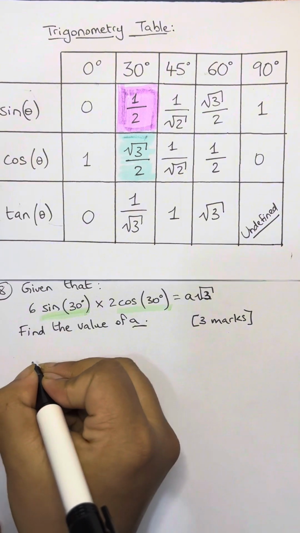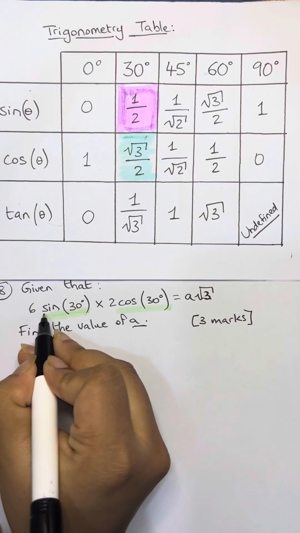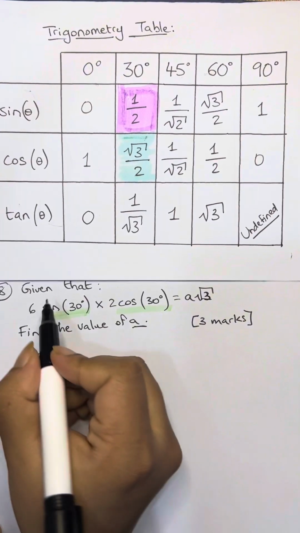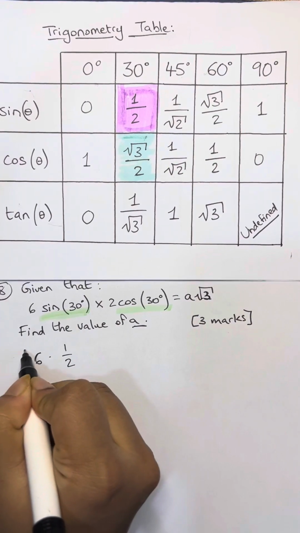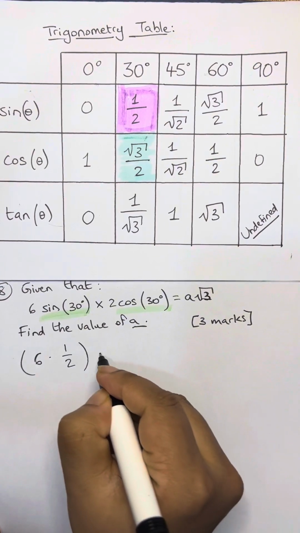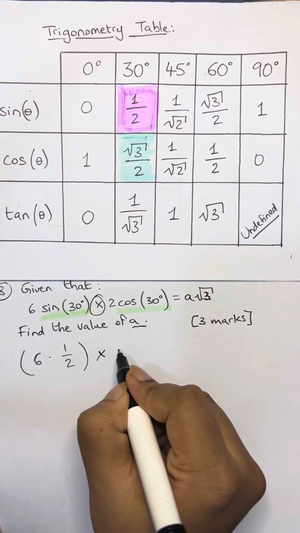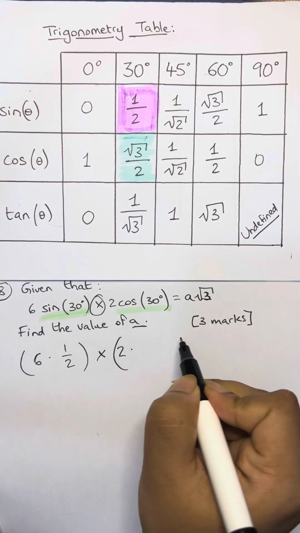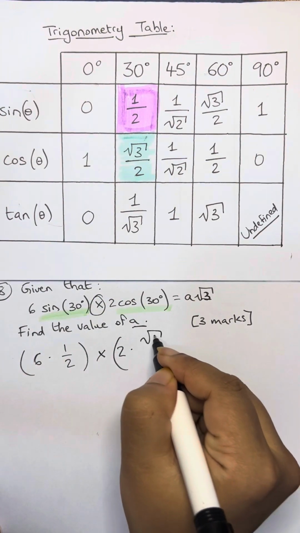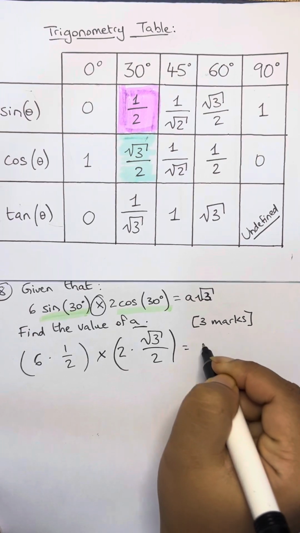So let's substitute. Instead of sine of 30, I'm going to multiply 6 with a half. Make sure you have brackets, because there's another multiplication sign here. Then 2 multiplied by cos of 30, that's square root of 3 over 2, equals A square root of 3.